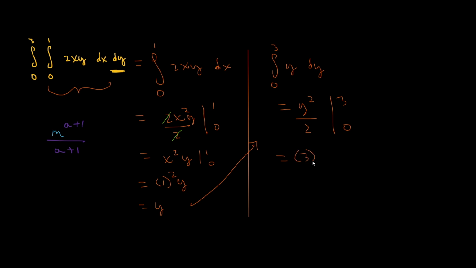So let's compute them. All right. And we don't do the 0. We don't have to, because 0 to the second power divided by 2 is just 0. So we just have to compute the 3. And that's just going to give us 3 to the second power.